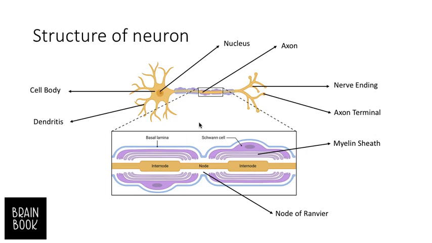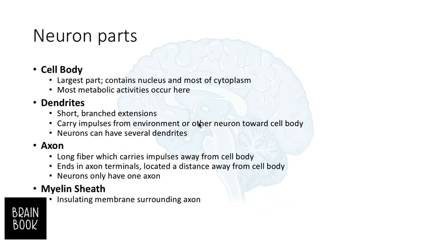As we demonstrated, the cell body is the largest part and contains the nucleus and most of the cytoplasm, and most of the metabolic activity of the cell occurs there. Dendrites are short and branched extensions, and they carry impulses from the environment and other neurons toward the cell body.